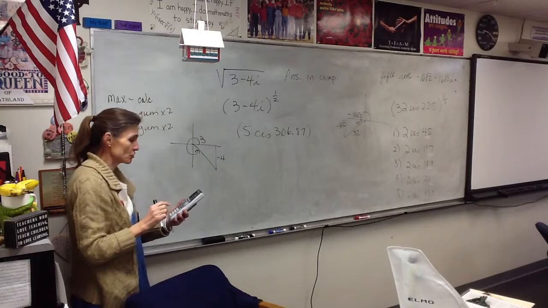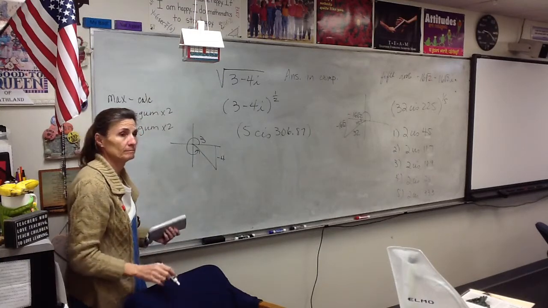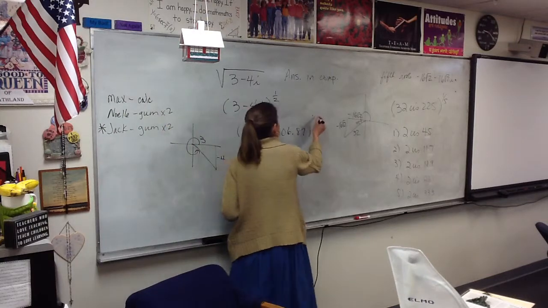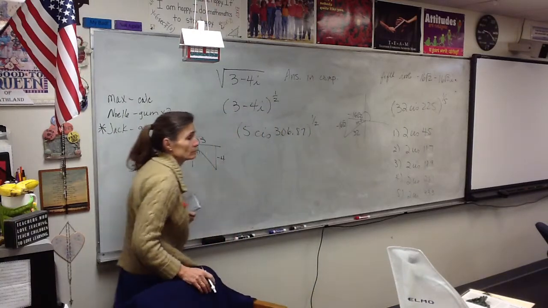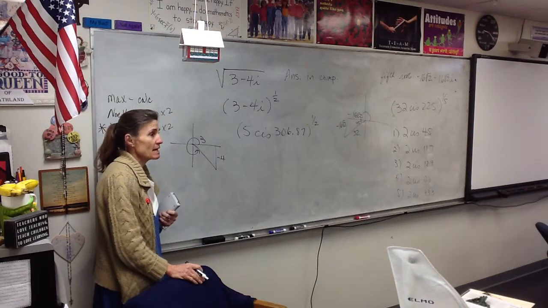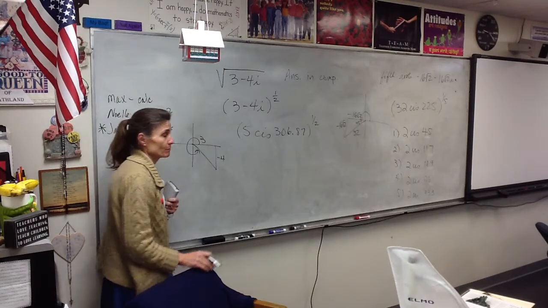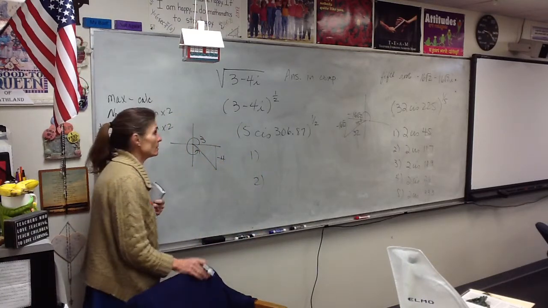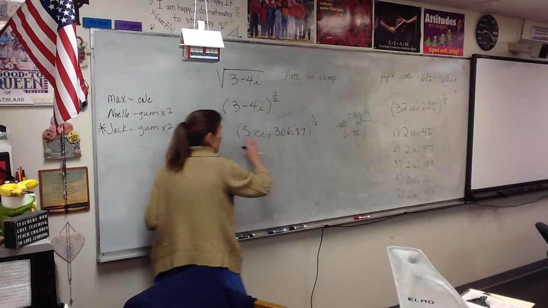Double check that and make sure you agree. Now, we're going to raise that to the 1/2 power. How many answers am I going to get? 2. And the first one, I'm going to get straight from DeMoivre.